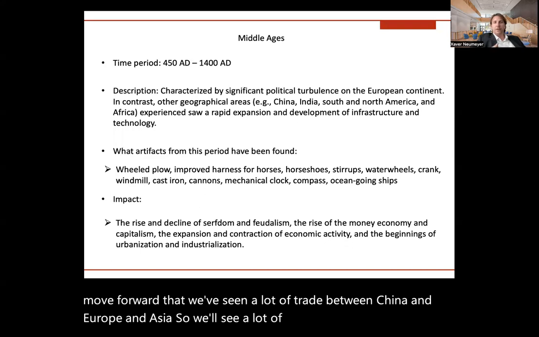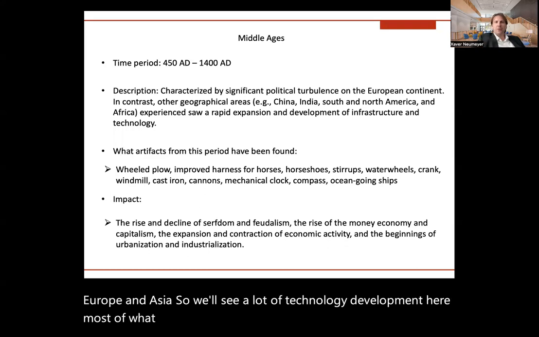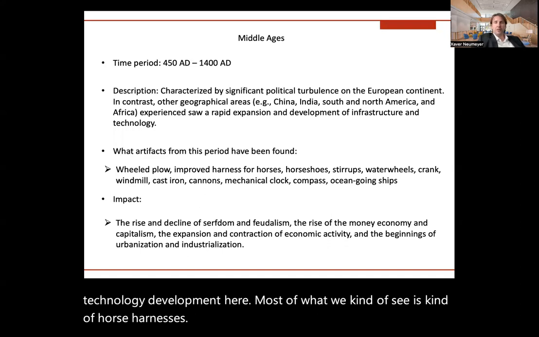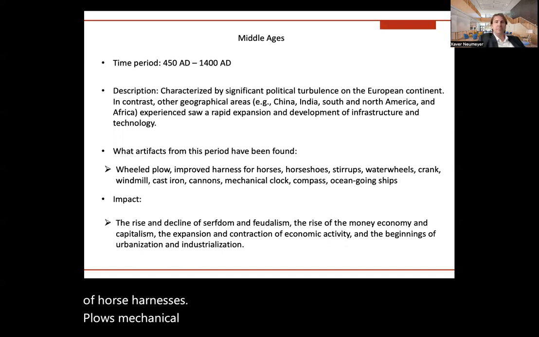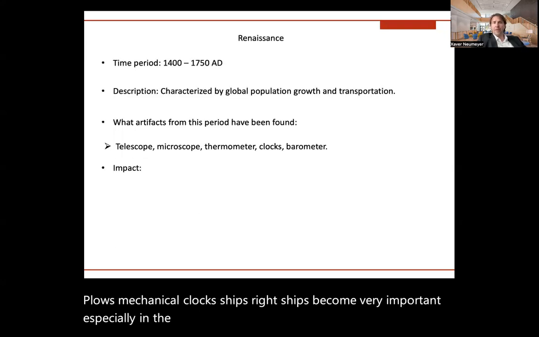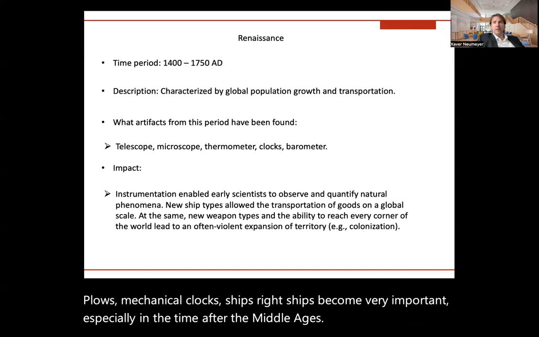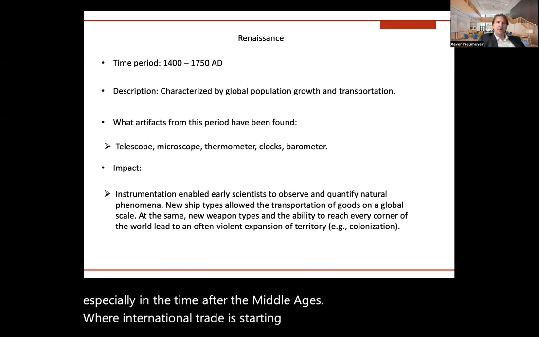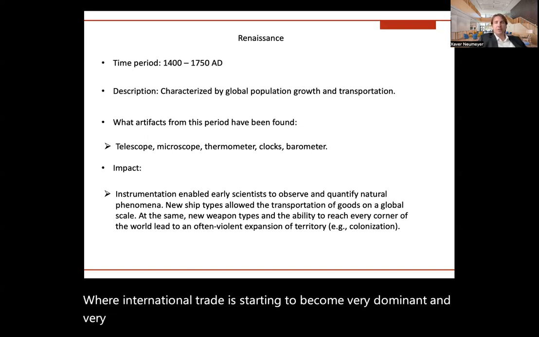Most of what we see is horse harnesses, plows, mechanical clocks, ships, right? Ships become very important, especially in the time after the Middle Ages, where international trade is starting to become very dominant and very important. It also has, of course, a lot of negative effects.